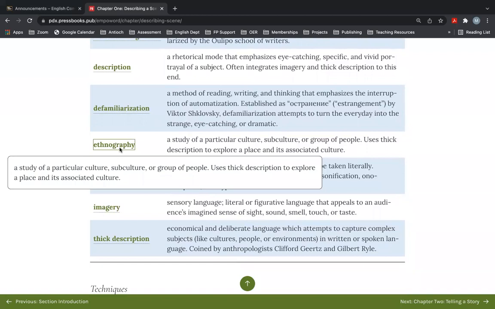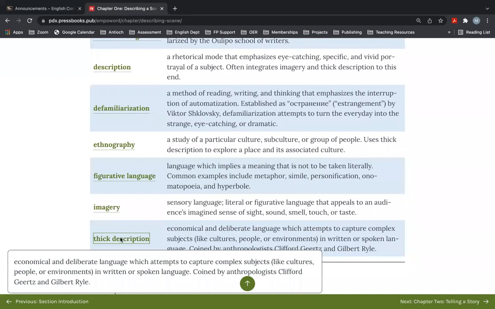So if you click on it, like I just did, you can see that it gives you a brief explanation of what ethnography is, but then it tells us that this approach uses something called thick description to help us explore, to help us see, realize, and understand something about a place and its associated culture.